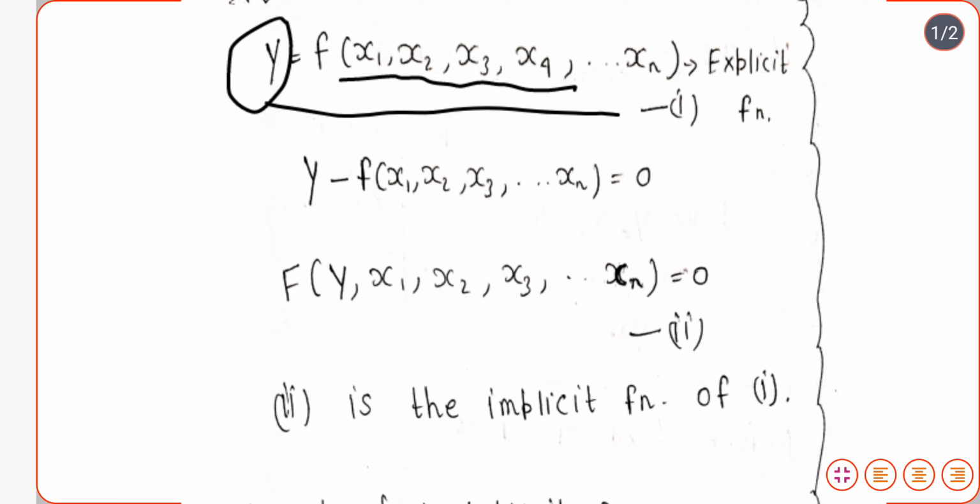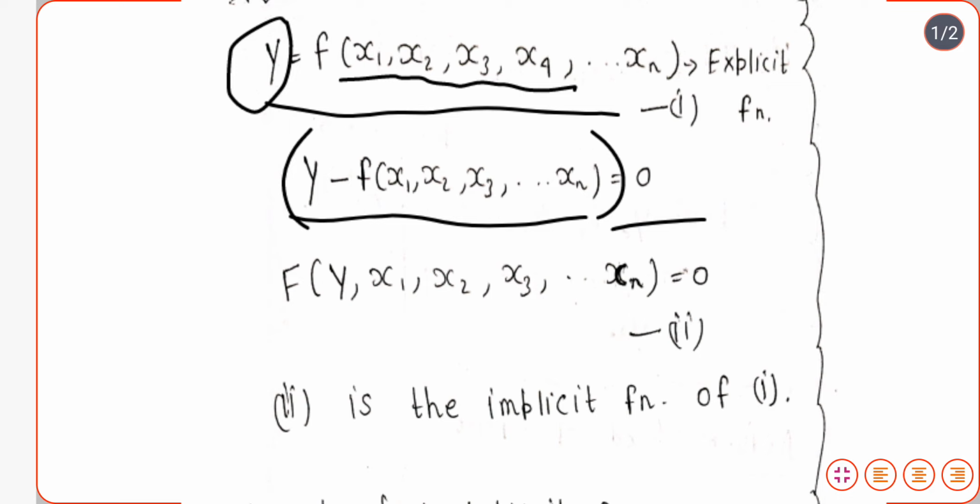to xn. If we subtract the function of x1, x2, x3, x4 up to xn from y, then it becomes y minus the function of x1, x2 up to xn equals 0. So here we can say that capital F is what we get by assigning this entire part into a function.